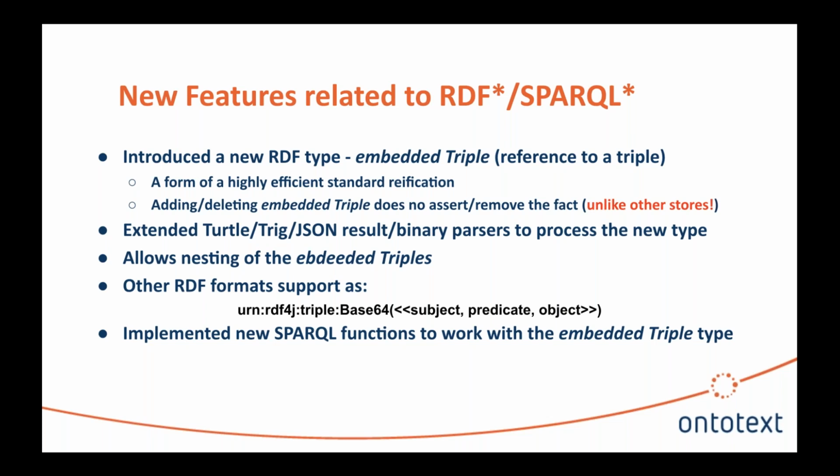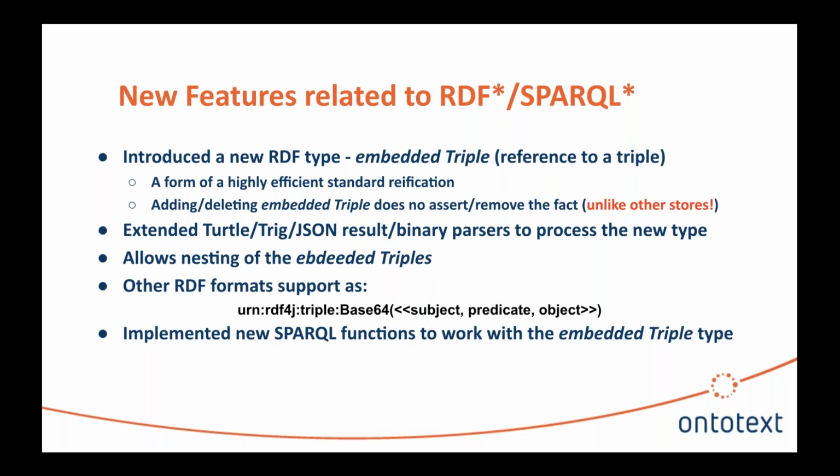Also, the specification allows embedded triples. So there is a typo, this should be nested triples. And the nested triples allow one reference to a statement to point to another reference to a statement in order to express truly complex metadata about metadata.